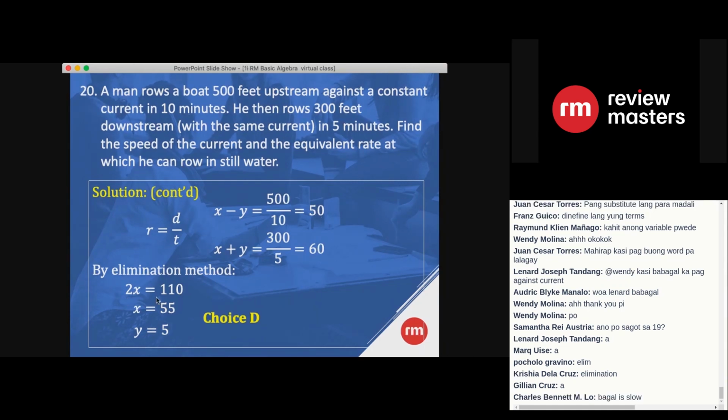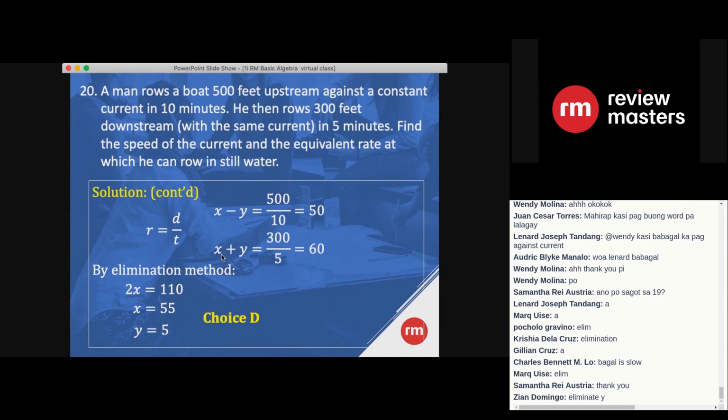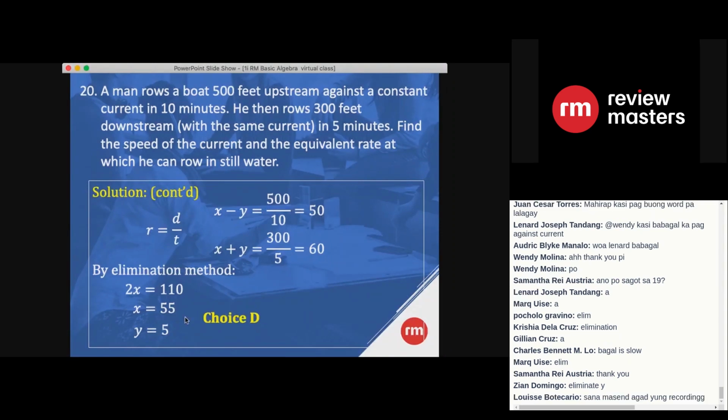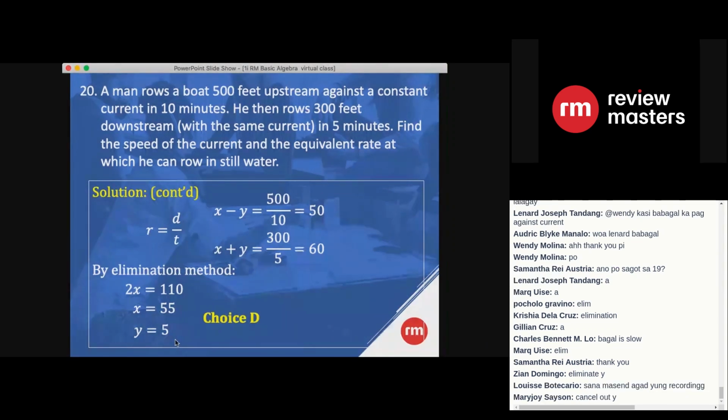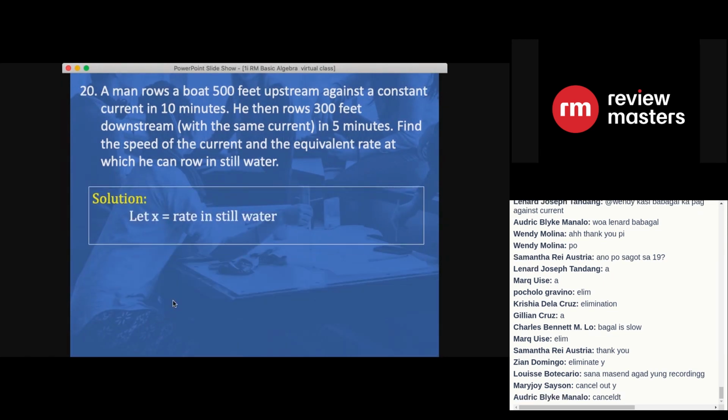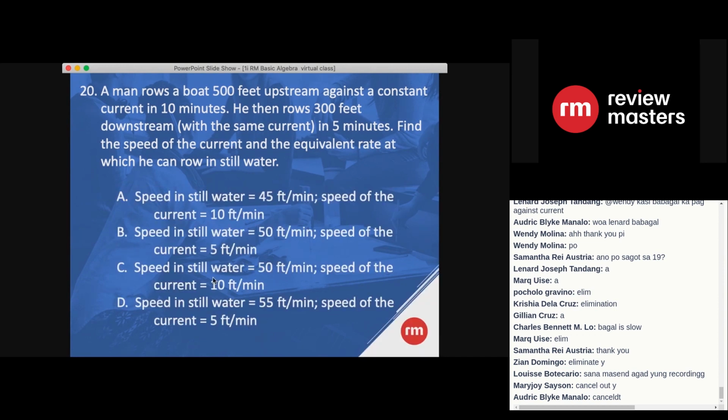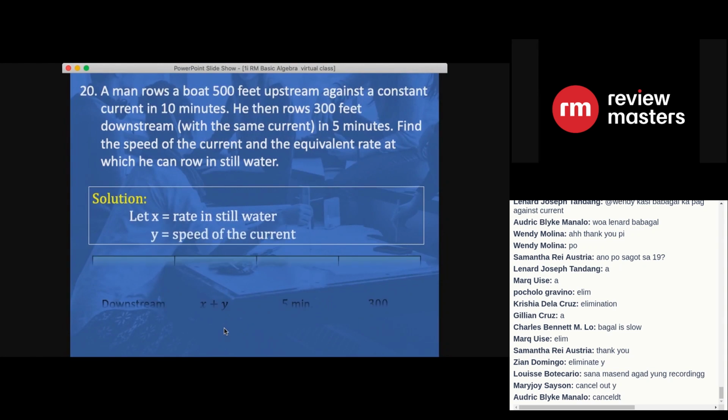So, 2x is equal to 110. So, x is equal to 55. Okay? So, if x is equal to 55, so 55 plus y is equal to 60, anong y mo? That is 5. Okay? So, meaning, your answer is choice letter D. Speed in still water is 55 and speed of the current is 5. So that is choice letter D.